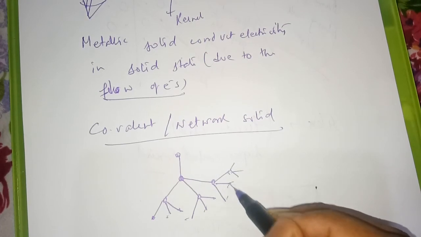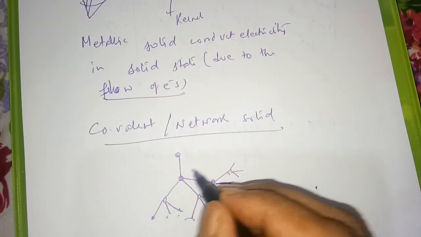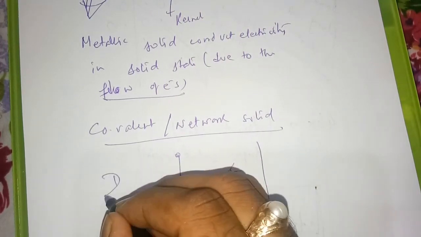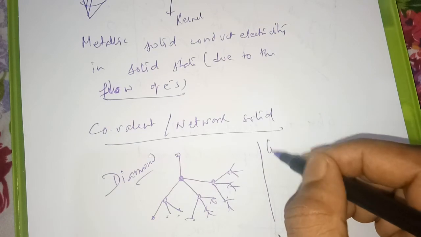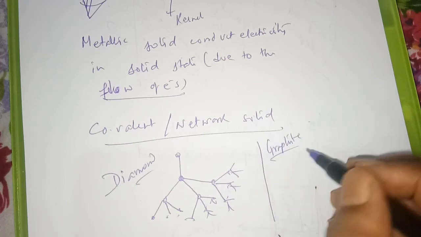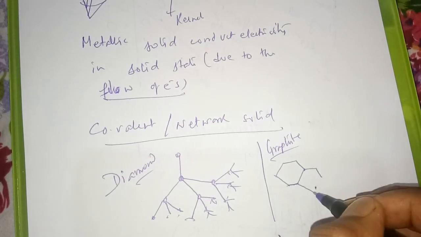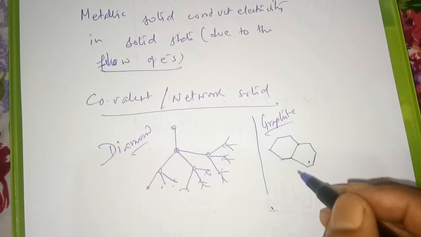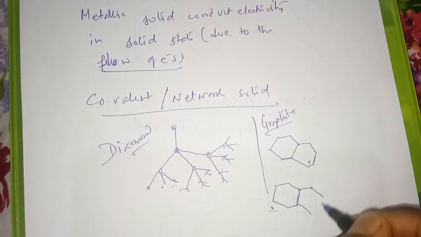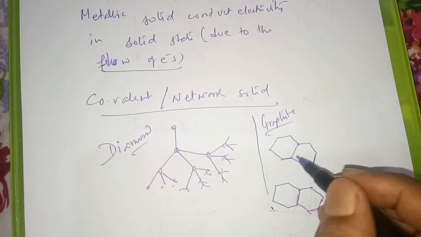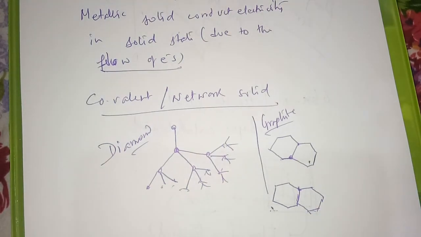This one again you draw 3, 3, 3. The first one is diamond, and another one is graphite. The graphite structure is like that. So you see that these are layers after layers. So one layer can slide over the other layer.